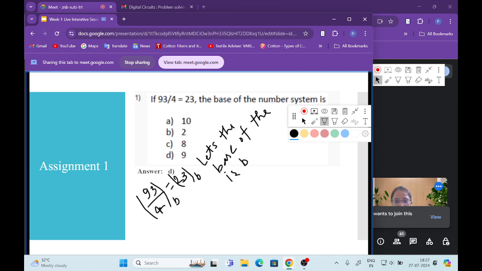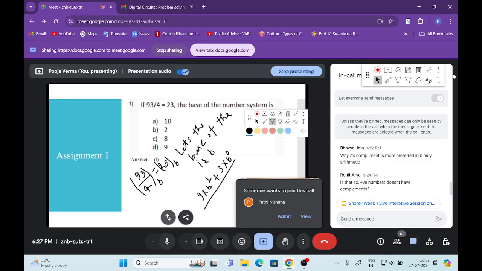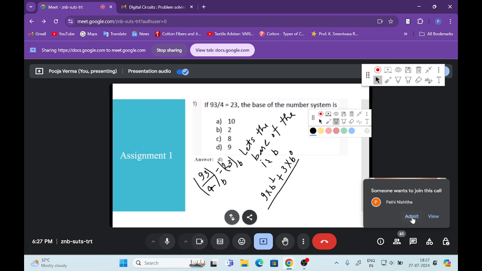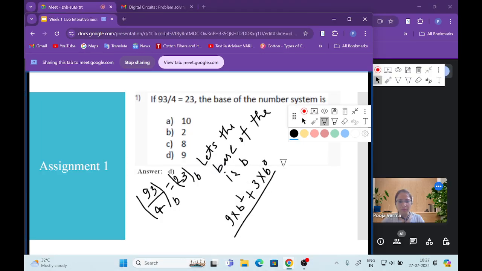So here it will be 9 into B to the power 1 plus 3 into B to the power 0. After that, 4 into B to the power 0, right?